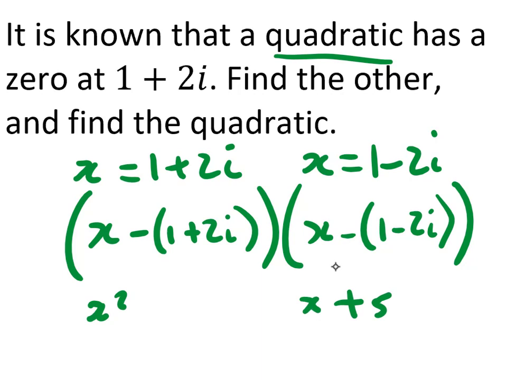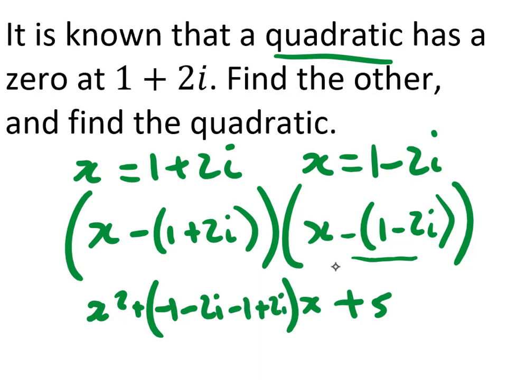And then probably the best way of doing this is you say x. What have I got? Well, I've got this negative 1 plus 2i times x. Negative 1 plus 2i. Notice the way I've handled the bracket there. And I've also got this negative 1 plus 2i.